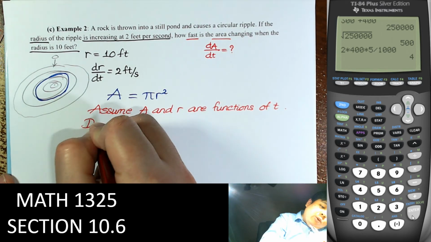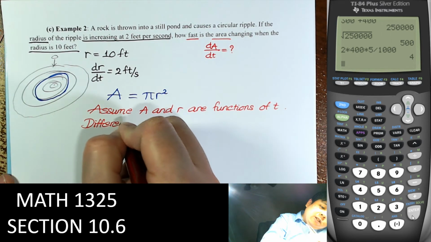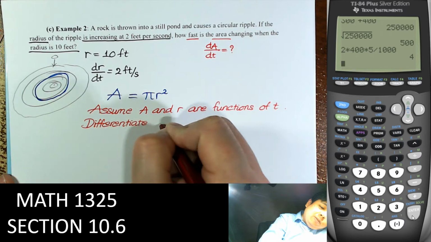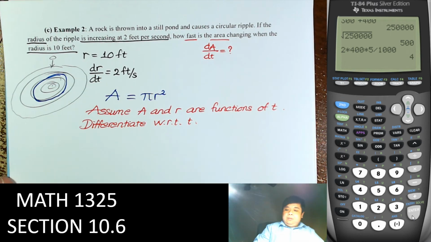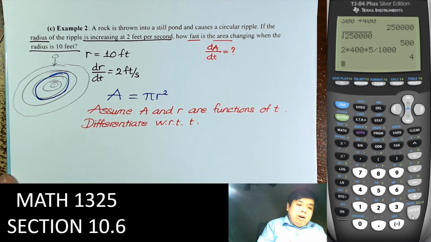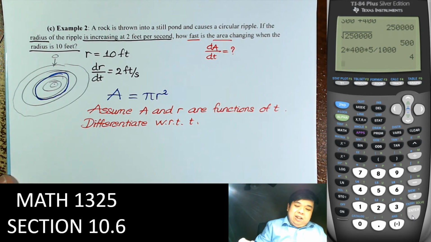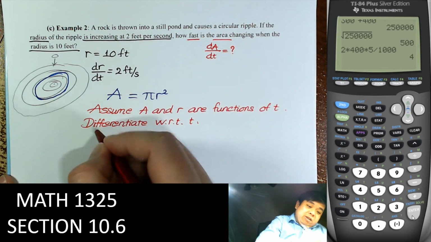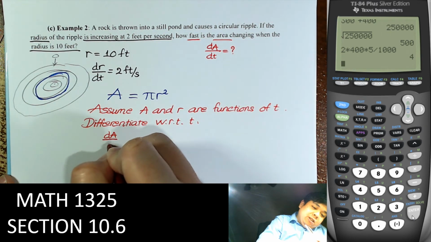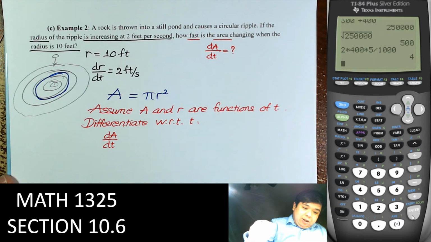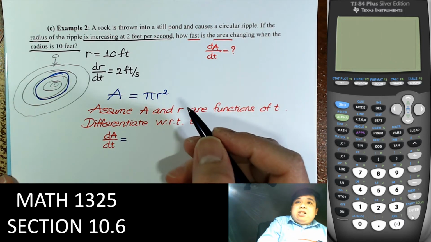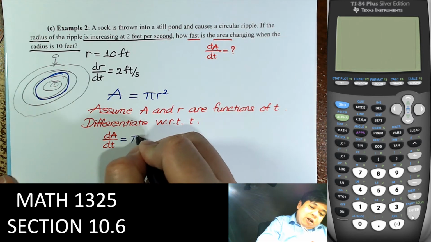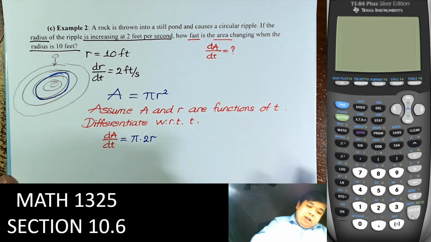And then we differentiate with respect to t. Right, so derivative of A is just 1, and then just dA over dt. That's what we're looking for. Equal to pi r squared. Pi is a constant, right? So just say pi times 2r, and then dr over dt.